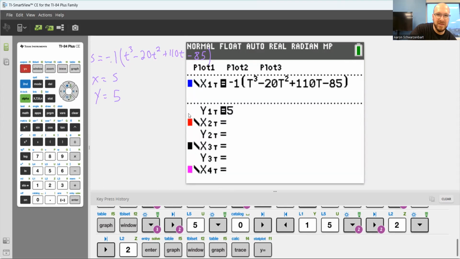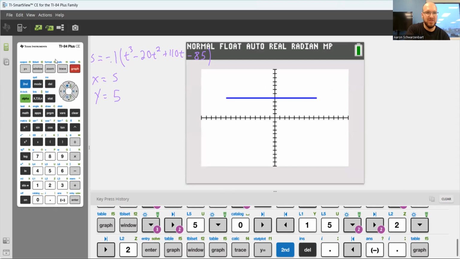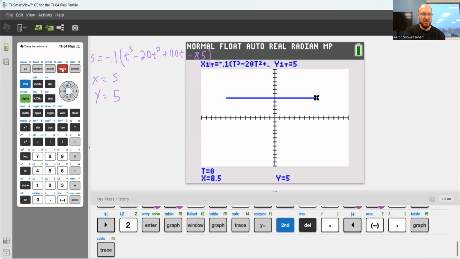Oh, I see what my problem is. I missed a decimal point. That would help. Okay, so now I can go to trace and I can watch the progress. The person initially starts here. They go this way. You can watch the cursor and then they go back. Now they're going backwards again. And we've reached 12. The motion's kind of a little funny.